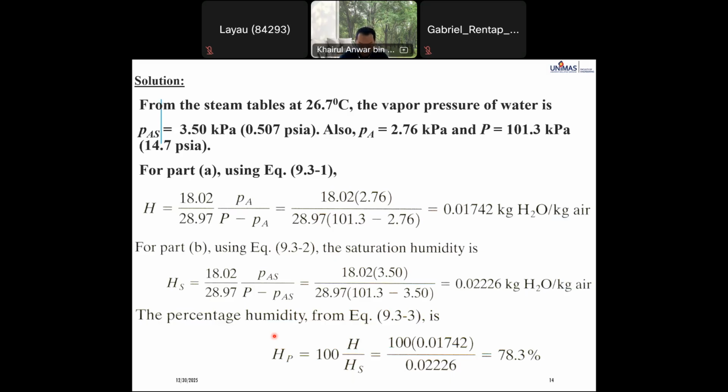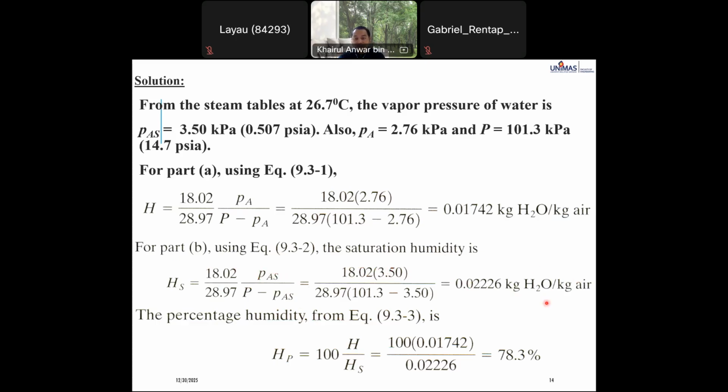For part A, using equation 9.3-1, just plug in and we get 0.01742. PA here refers to the partial pressure. For part B, which is saturation humidity, we use the vapor pressure. When you get the vapor pressure from table A2, you then get 0.2226.